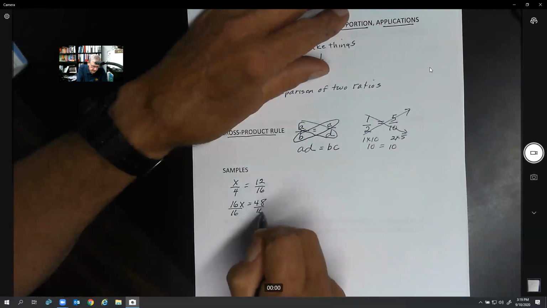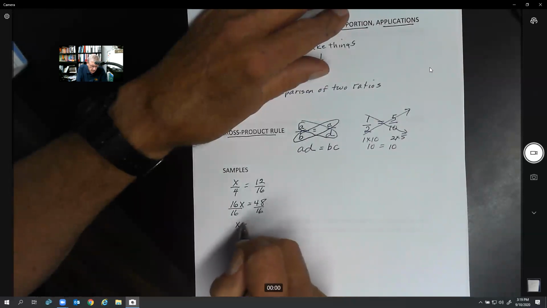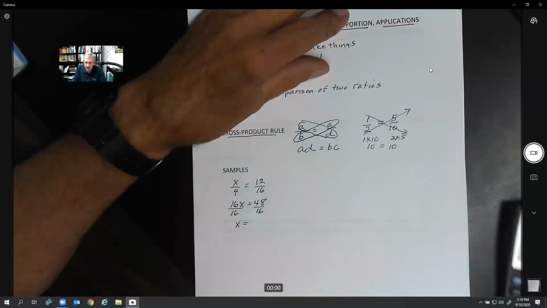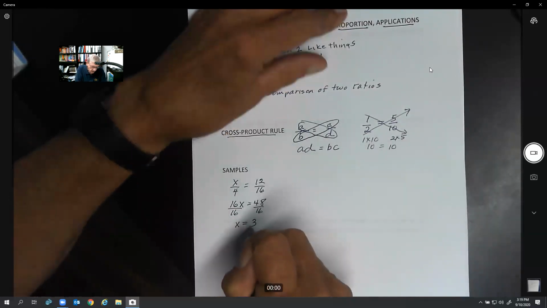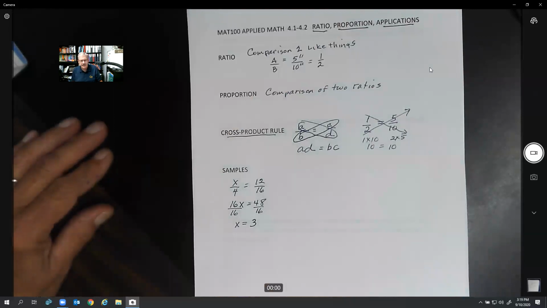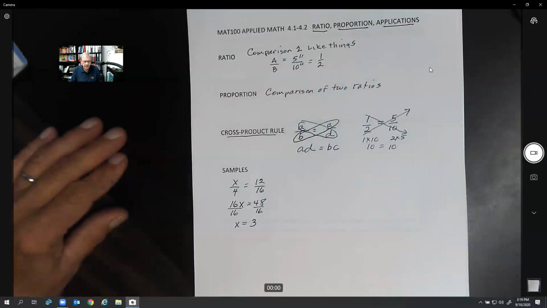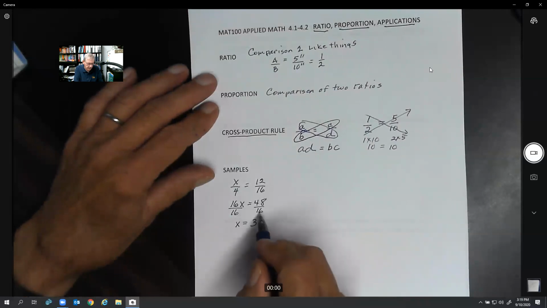We're going to divide by the 16. So that would be 48 divided by 16. You could use your calculator. I happen to know that's 3. But 3 times 16 is 48. So I'm dividing 48 by 16, and this is the way we show divide.